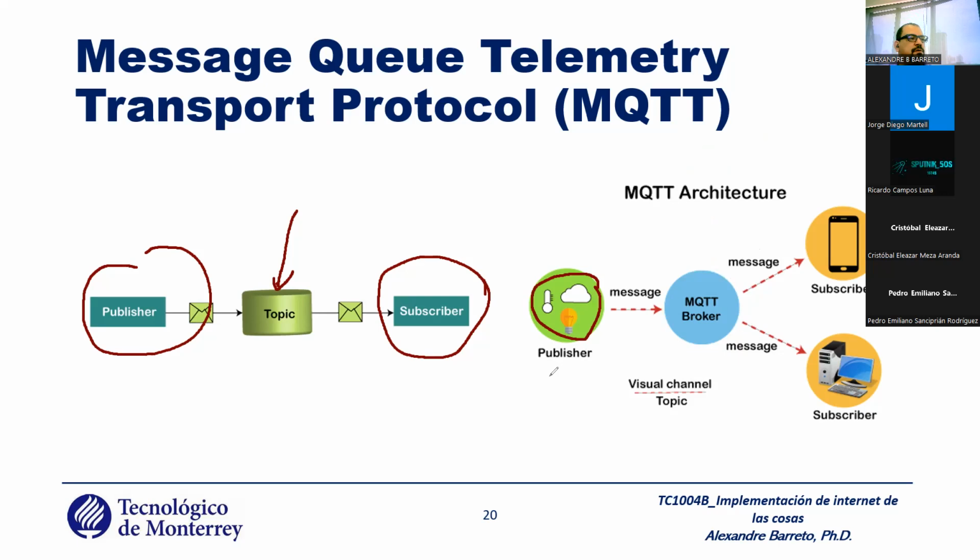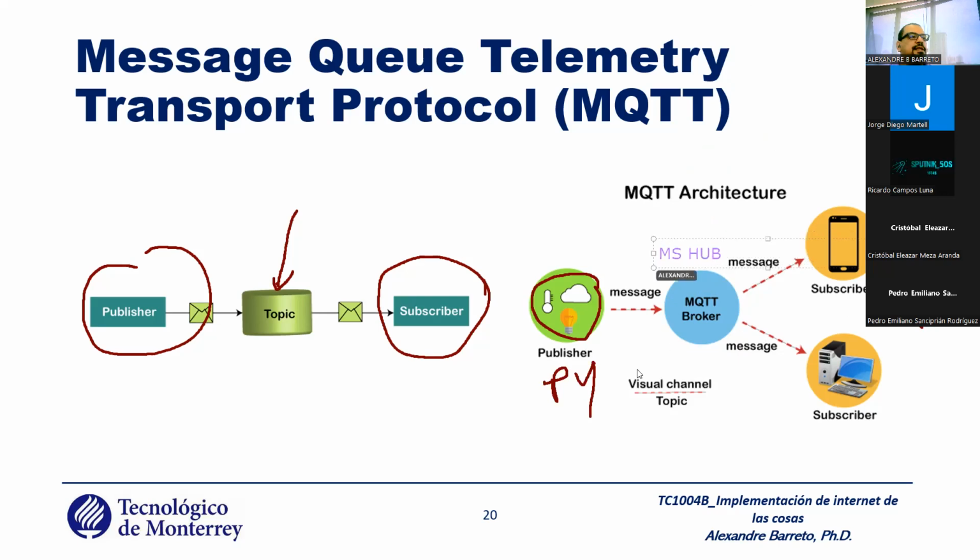We have a Python code that publishes the temperature. You send this data to the broker, and if you remember, you have another Python code that is the subscriber, the computer that receives this message. In our example, you have the Microsoft Hub here working like a broker.